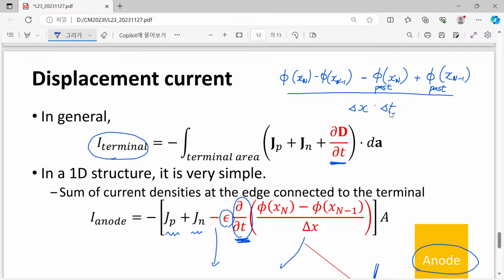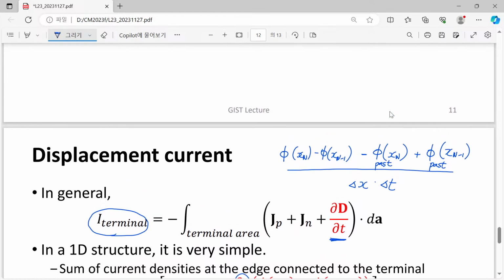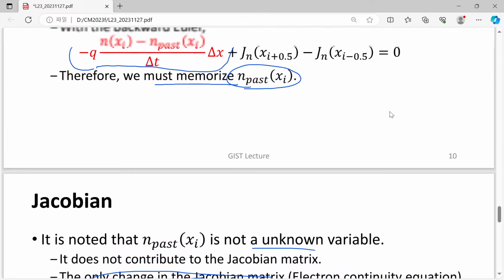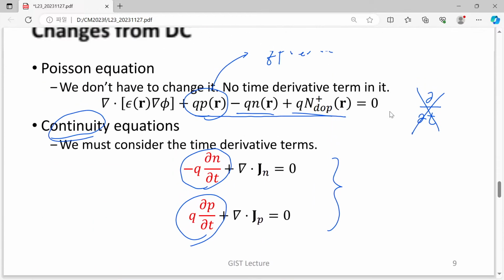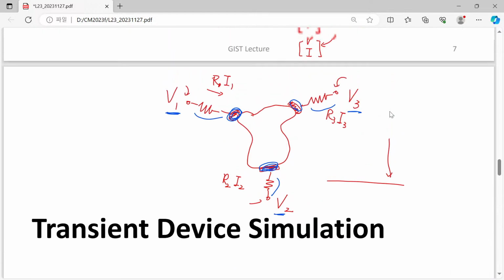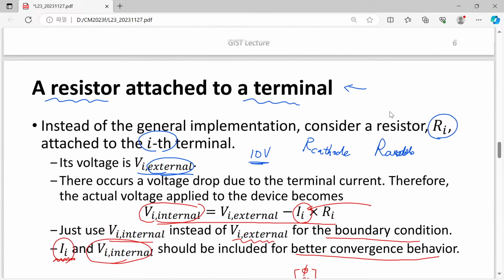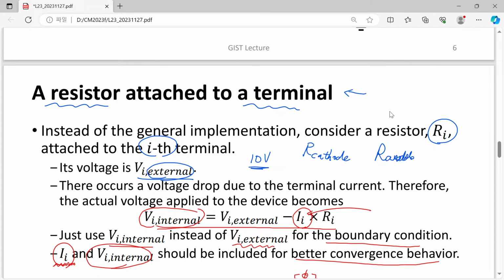So please take your time to extend your code to these two capabilities. My suggestion is to please do the mixed mode capability or the terminal resistor one first. After that, expand it to the transient cases, because that will give you more applications for your implemented device simulator.